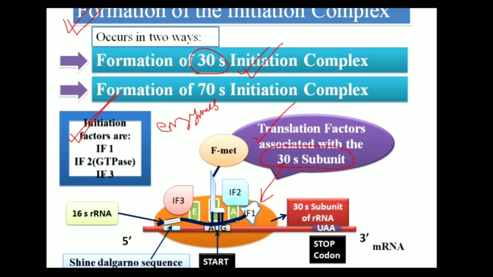This is the 30S subunit. These initiation factors are mainly IF1, IF2 and IF3, and among these three, IF2 is a GTPase protein factor, which can use guanine triphosphate to hydrolyze it and form GDP plus inorganic phosphate.